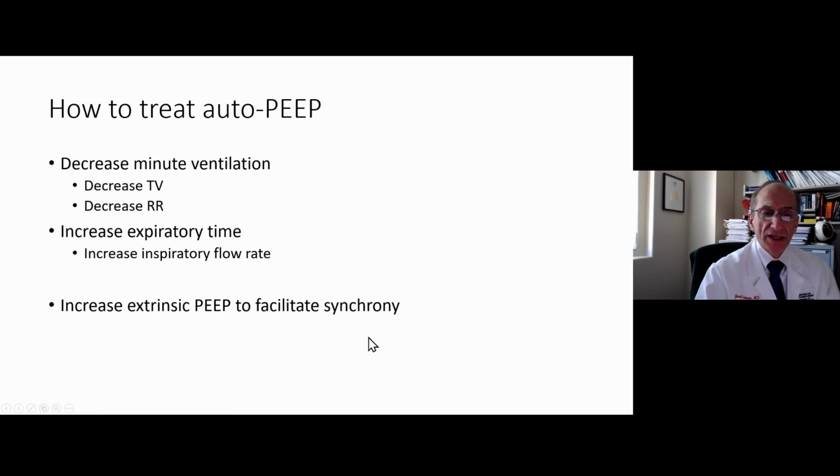And when all else fails, it is correct, if the board asks, that it is appropriate to increase the PEEP that's dialed on the ventilator. That's extrinsic PEEP. Intrinsic PEEP is what we have within ourselves. Extrinsic would relate to the mechanical ventilator. Increasing the extrinsic PEEP can actually be helpful. It takes that burden away from the patient.